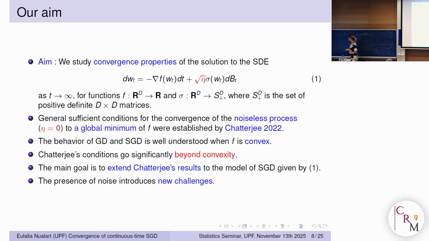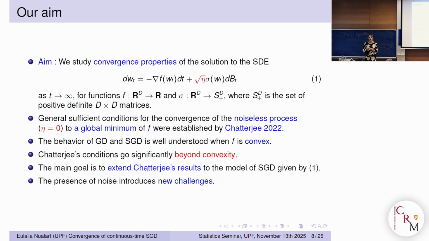What Chatterjee does is to study the convergence of deterministic gradient descent, so eta equal to 0, to a global minimum of F under really mild conditions. Okay, which are the mild conditions?